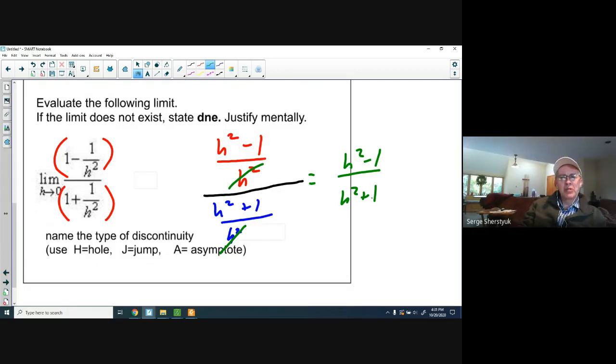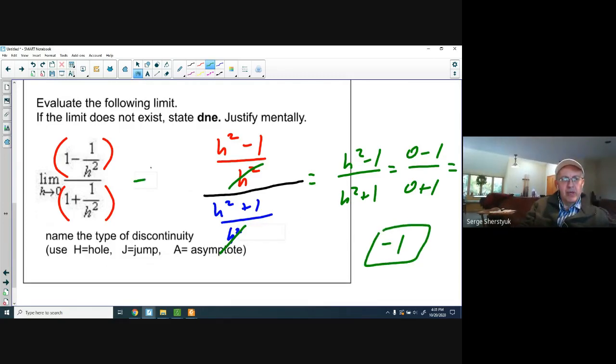There's absolutely no problem here. Put a 0 plus 1 in the denominator, and this is 0 minus 1. What's the answer? -1 is the answer. So the answer there is -1, even though it looks like a horrible problem. And what kind of discontinuity?